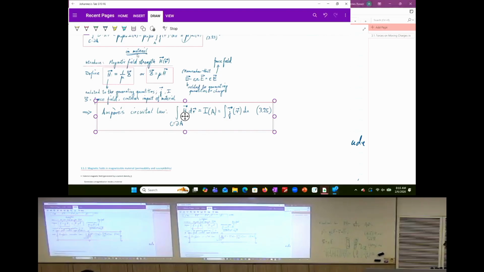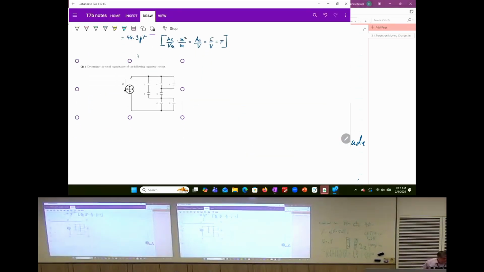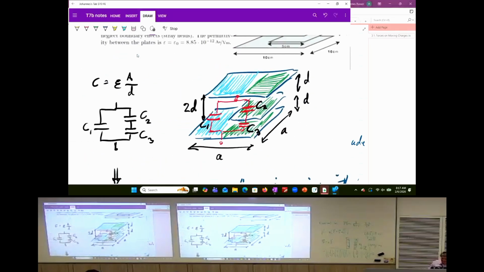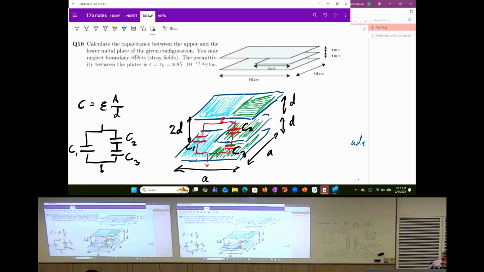So let's proceed a bit with the tutorial because we don't have so much time anymore. Let's look at this example. Yesterday in the tutorial we were looking at this capacitor. Can you appreciate why we come up with this equivalent circuit? You can make a cut through this structure and see that both parts have the properties of a capacitor, like setting two capacitors in parallel, just like what we did in the lecture.